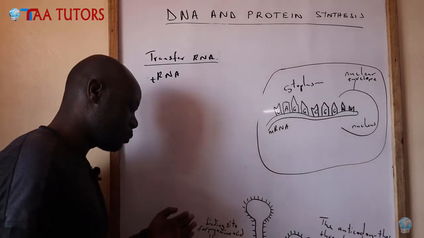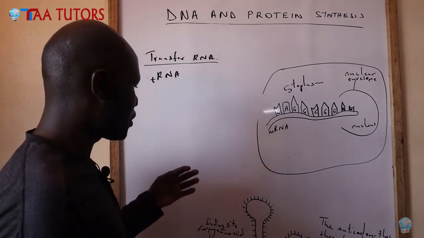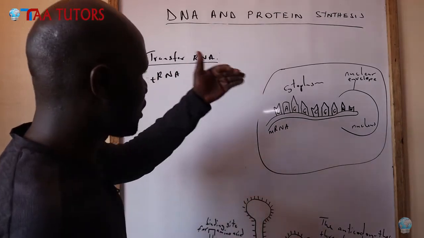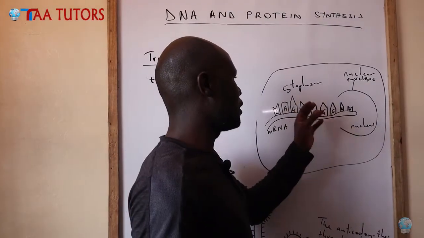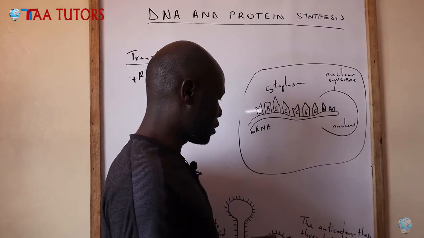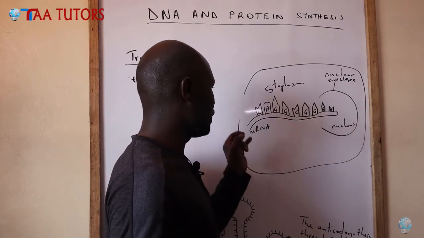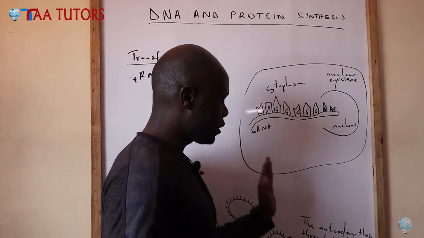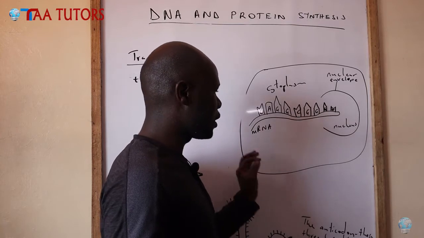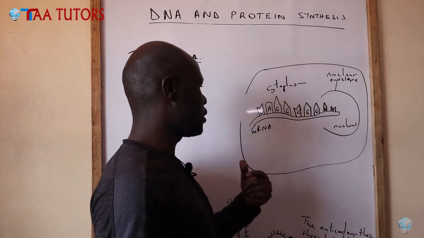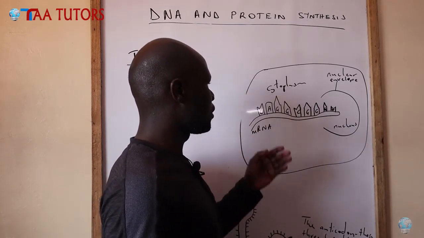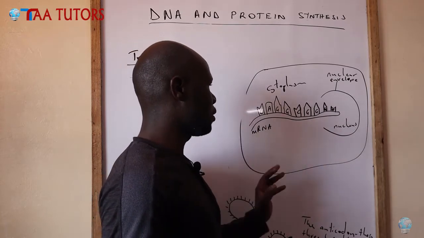So the protein synthesis is actually a process that starts within the nucleus of the cell, whereby the DNA is supposed to be exposed, so that we have the messenger RNA collecting the information or the codes that is needed for the synthesis of the protein, and that is found within the template code.